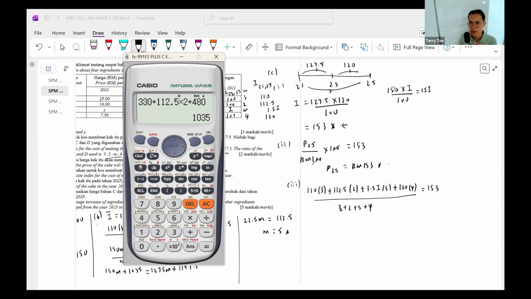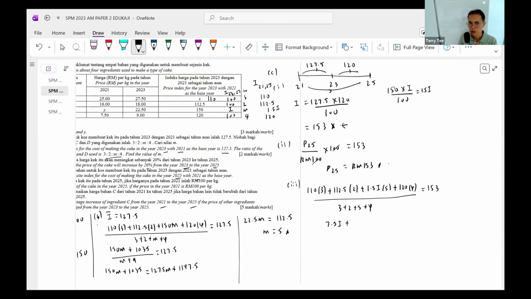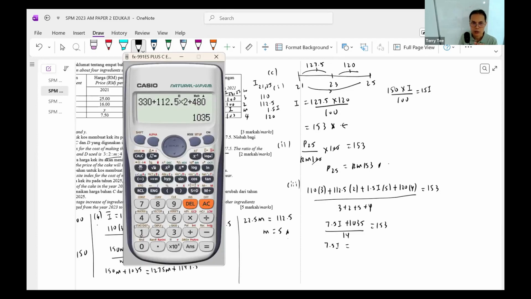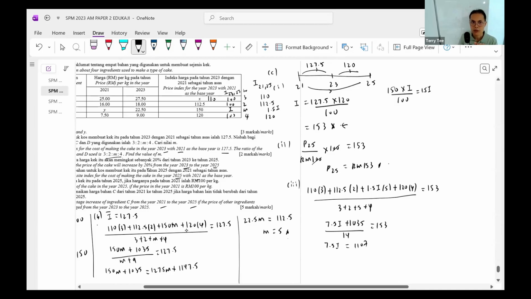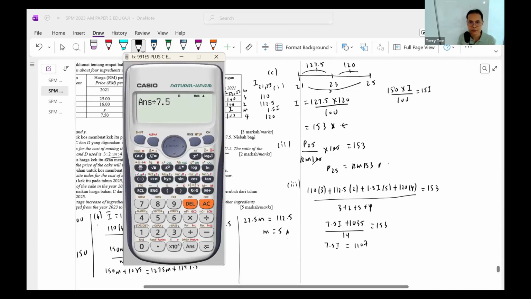And 1.5 times 5 is 7.5 I. The total weightage is 14. So we take 153 times 14 minus 1035, you should get 1107. You divide by 7.5, I got 147.6.